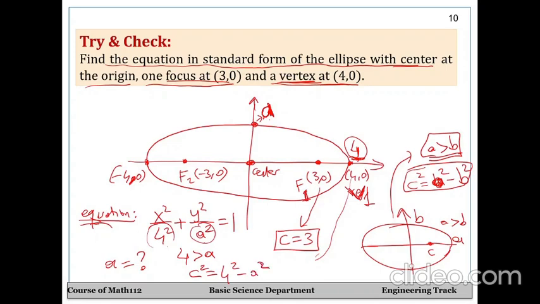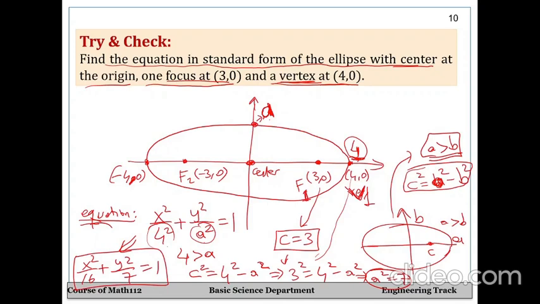C is 3, so 3 squared equals 4 squared minus a squared, and we end up with a squared equal to 7. No need to find a, because a squared is enough. So the equation will be x squared over 16 plus y squared over 7 equal to 1. This will be the equation of the ellipse.